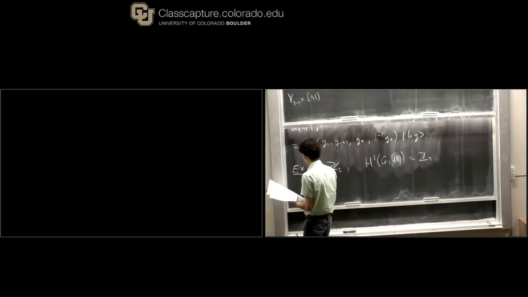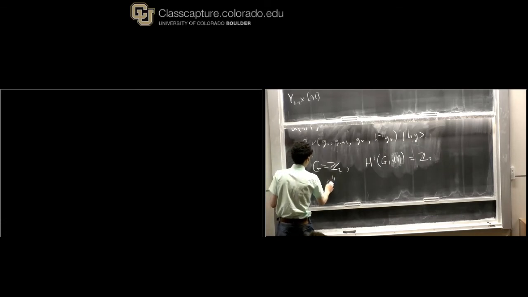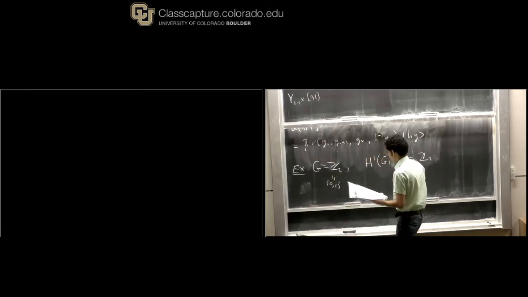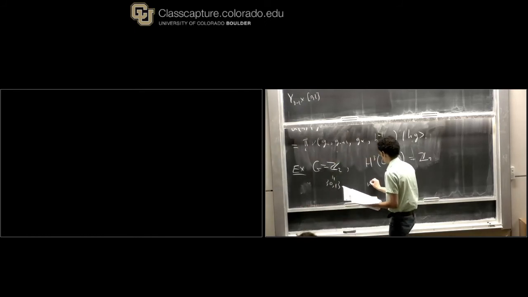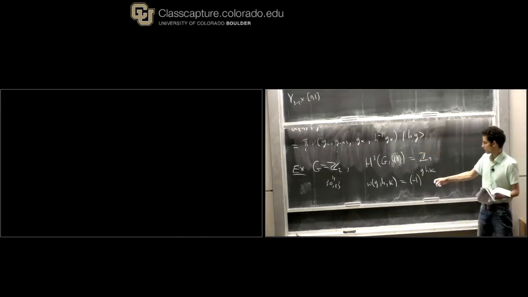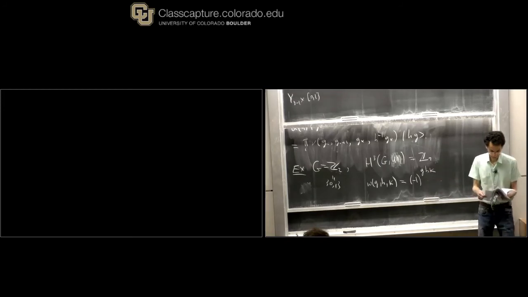Let me write it as an inhomogeneous cocycle. First of all, the group being Z2, let me write it in an additive way as 0, 1. I'll think of the symmetry operation as addition, and the inhomogeneous 3-cocycle is this. So it's trivial unless G, H, and K are all equal to 1.